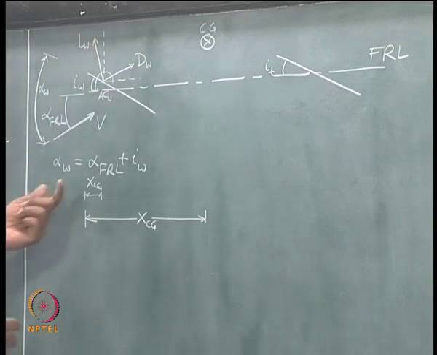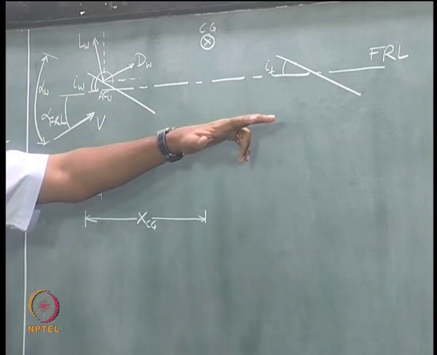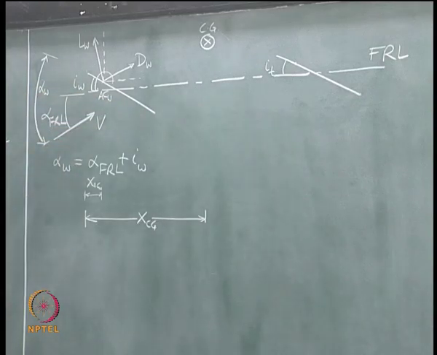That is going to cause a change in angle of attack of the fuselage reference line at the tail, right, and associated with a change in velocity, right.